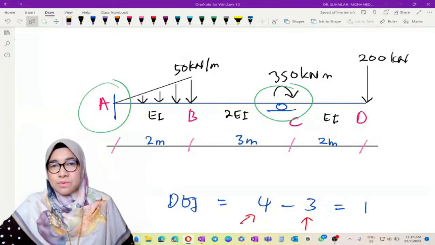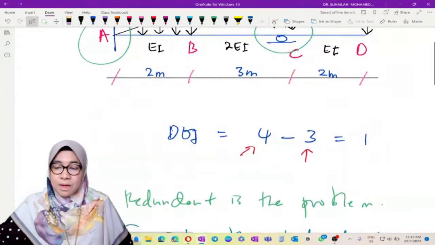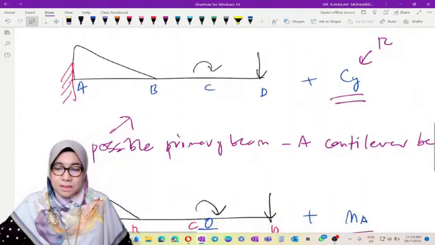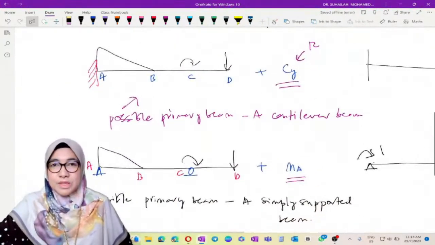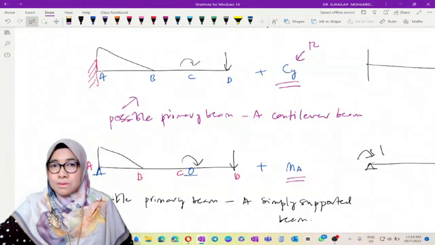Okay, so now we want to continue, the second part of the video. We will choose one beam possibility as the redundant. Let's say I want to choose the first possibility.